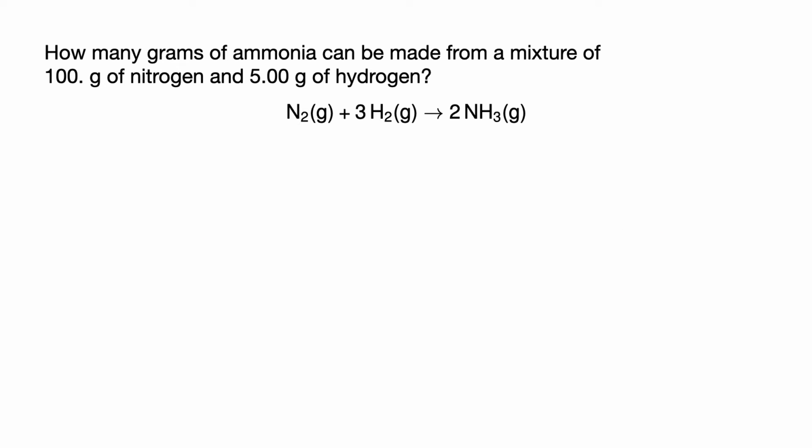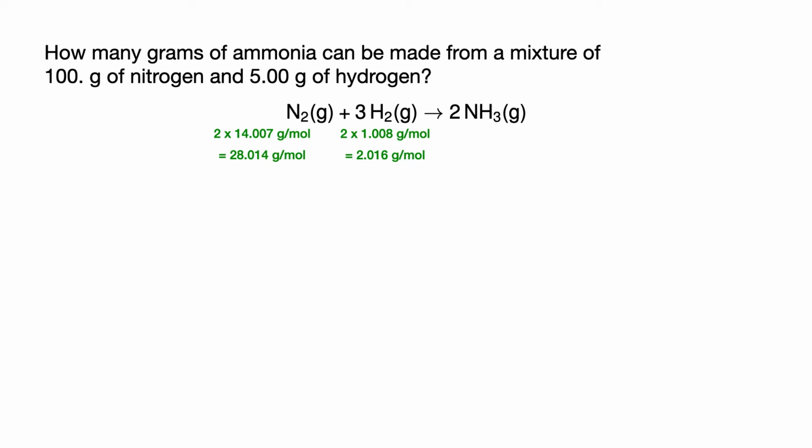So we'll work out the molar masses first. So for nitrogen, we've got twice the atomic mass of nitrogen, 14.007 grams per mole. That gives us 28.014 grams per mole for dinitrogen gas. And then for hydrogen, we have twice 1.008 grams per mole, giving a molar mass of 2.016 grams per mole for H2.